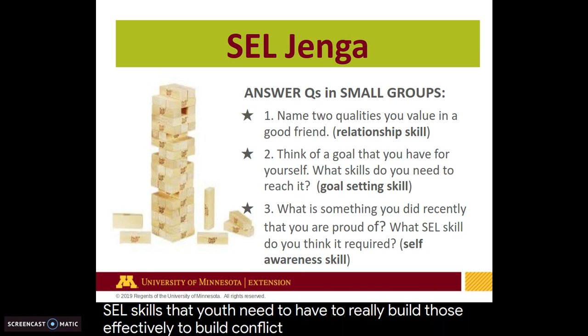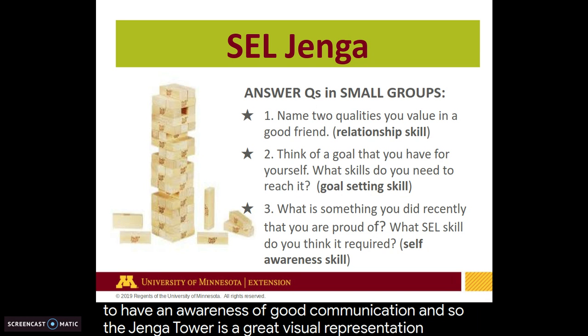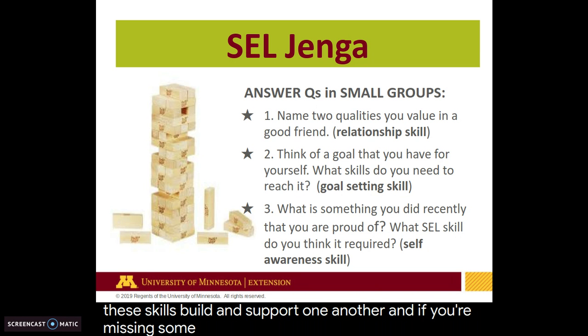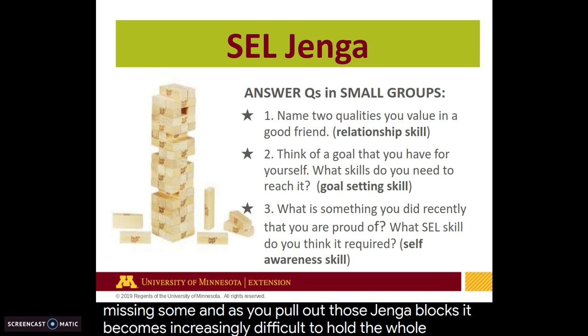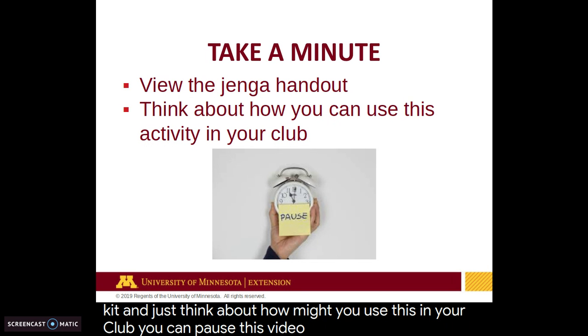To build conflict resolution skills, youth need an awareness of good communication skills. The Jenga tower is a great visual representation of how these skills build and support one another. If you're missing some, as you pull out those Jenga blocks, it becomes increasingly difficult to hold the whole tower together. So view the Jenga handout in your toolkit and think about how you might use this in your club. You can pause this video and then we'll proceed.